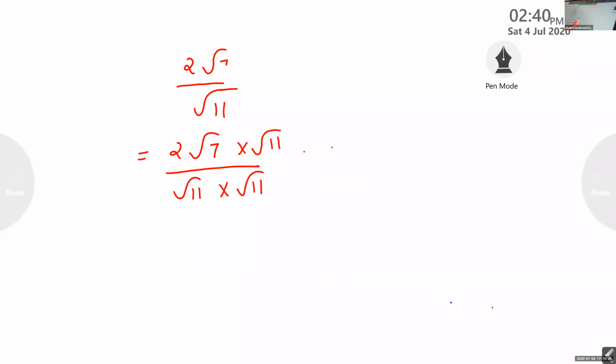So root 7 into root 11. What is the answer? Different roots. When you multiply 7 and 11, different roots, you get root 77 by, what about this? By 11. Not root 11. It is simply 11.